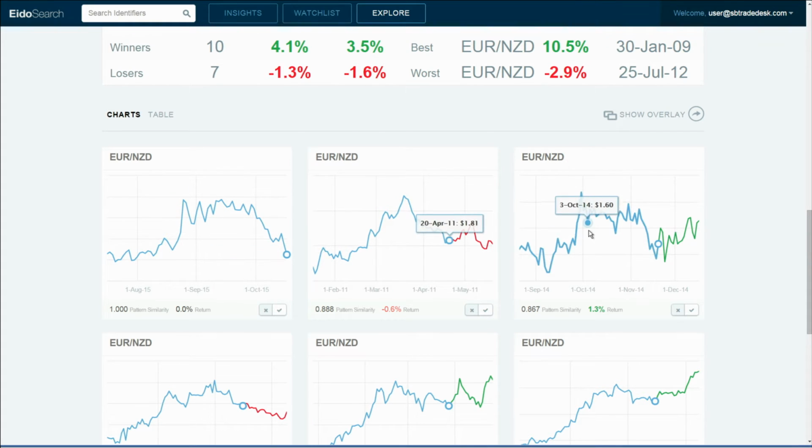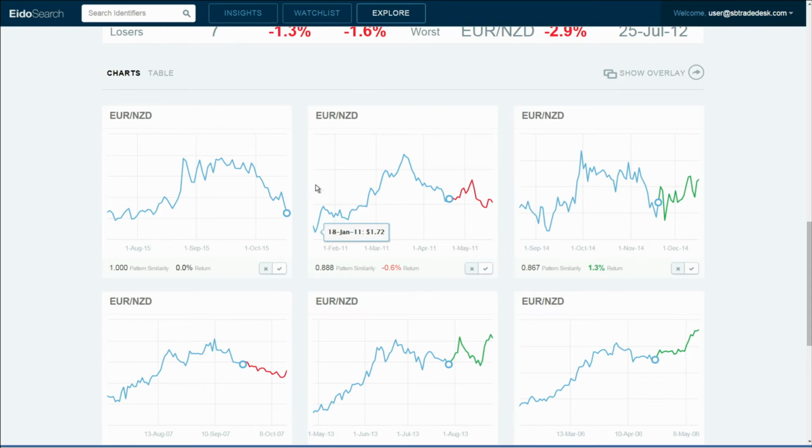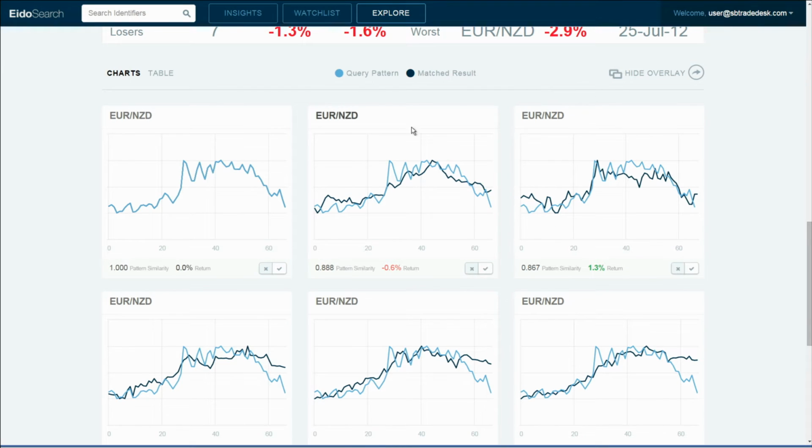The charts after that are going to show the matches, and then the red and green lines are what happened after the match. So you can do the overlay function where it shows your search query in blue, and then the matched pattern and the result in black.